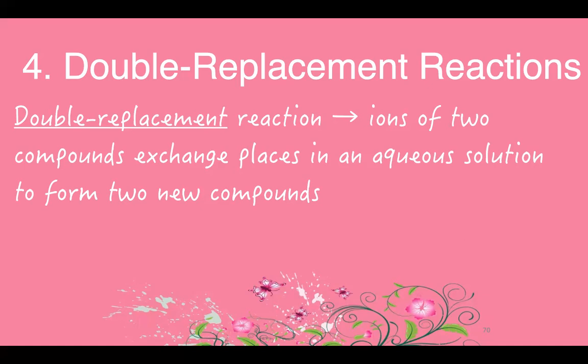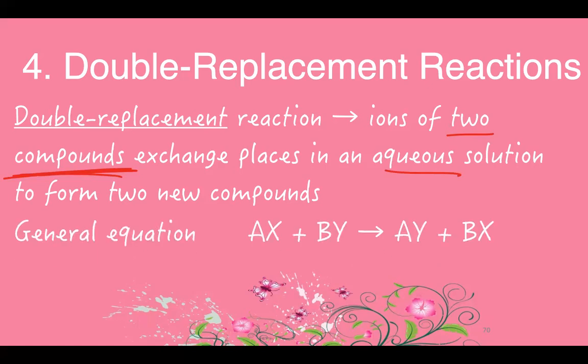That's a key. 2 compounds that exchange places in an aqueous solution to form 2 new compounds. So the general formula AX plus BY yields AY plus BX. You're literally going to pick 2 of the ions and just swap them. That's it.